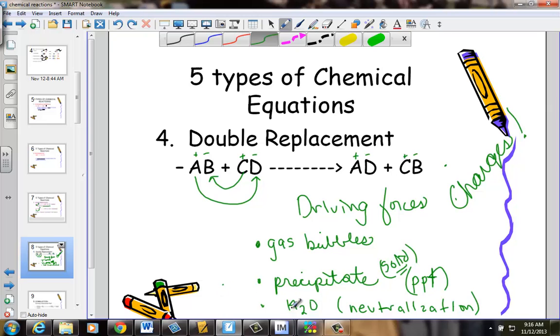If an acid neutralizes a base, we'll make a water. So again, previewing the entire chapter today with you, the fourth category, a double replacement. Compound AB reacts with compound CD. The positive ions exchange places and we get new compound, AD with CB. And I've previewed the observations.